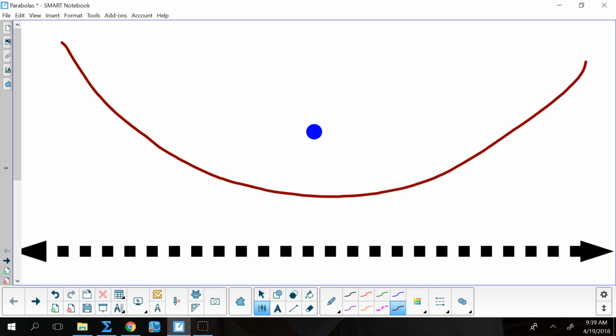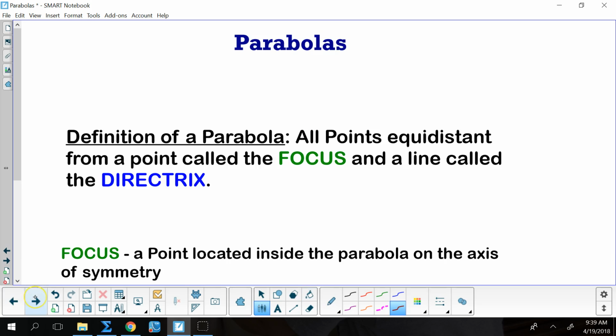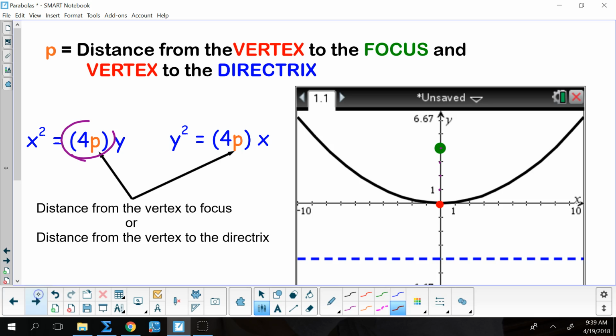The parabola would be the solid line, directrix and axis of symmetry would be dashed. So, we have to talk a little bit about the relationship between all of those points.